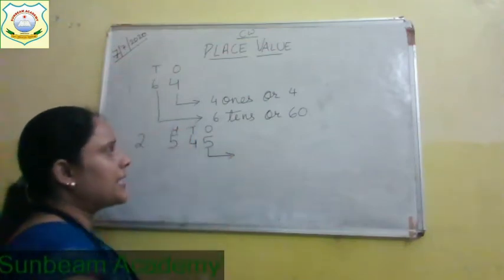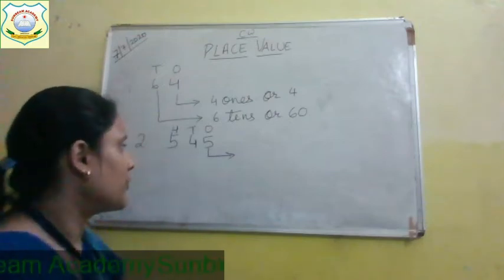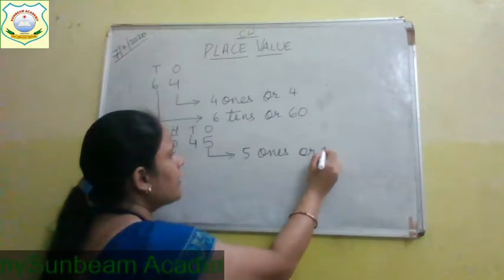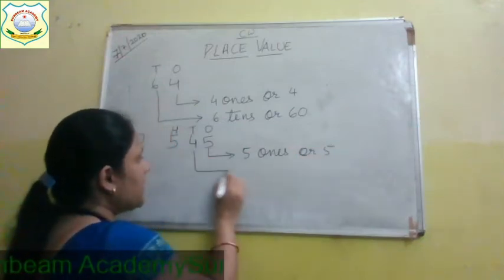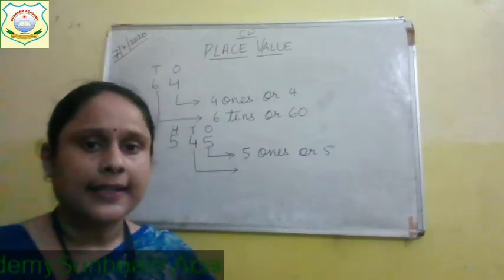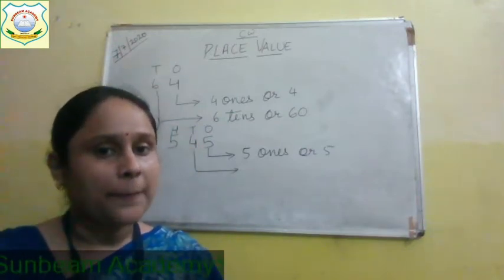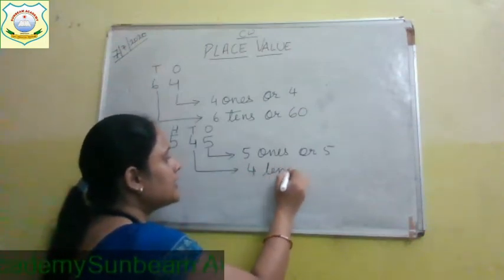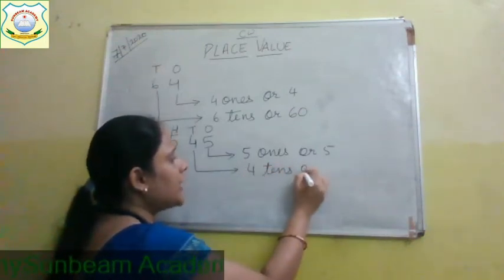Now, what is the place value of this 5? We will write 5 ones or 5. What is the place value of this 4, children? 4 is in tens place. So, what is the place value of 4? 4 tens or 40.